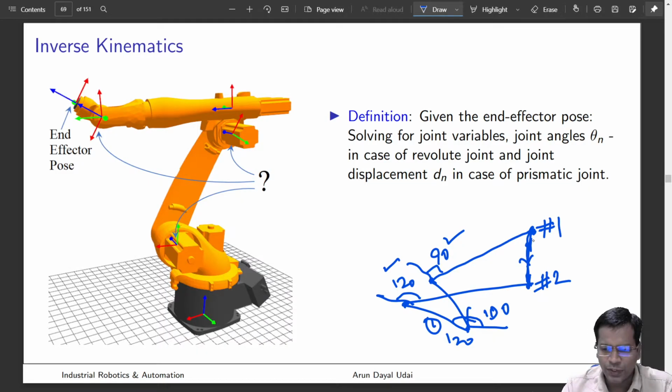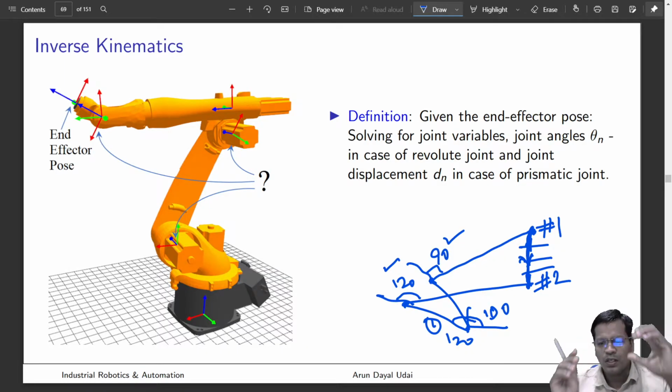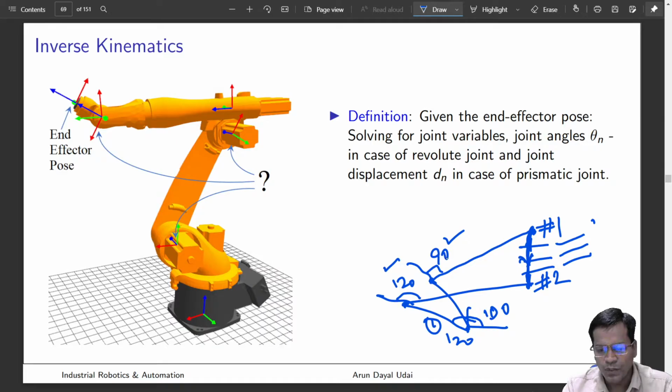But in this case, if you have to move it in a straight line, you should have a set of intermediate points for which you know all the joint angles. One by one, you put both the joints simultaneously and synchronously to those joint angles. So for each and every intermediate position, you have a set of angle 1 and angle 2.